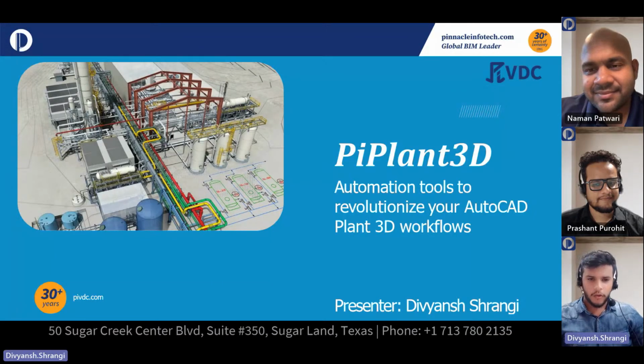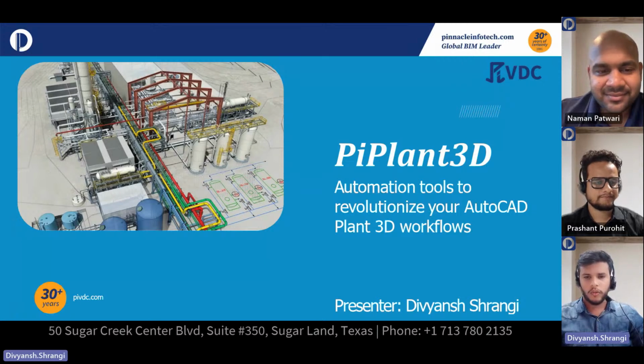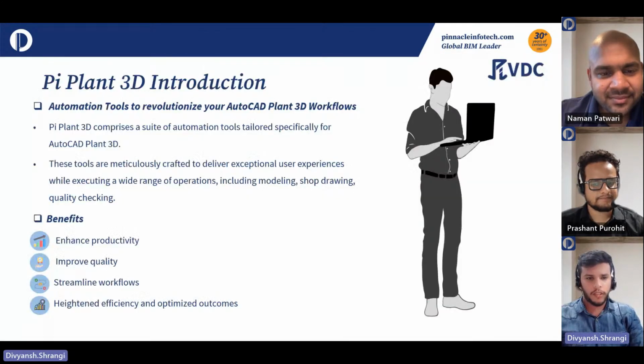Okay, sure. Hi everybody. Hope you all are doing great. Welcome to another package of our VDC plugins, that is Plant 3D, which consists of a variety of automation tools to revolutionize your AutoCAD Plant 3D workflows. Now here, first we would like to introduce the Plant 3D toolset.